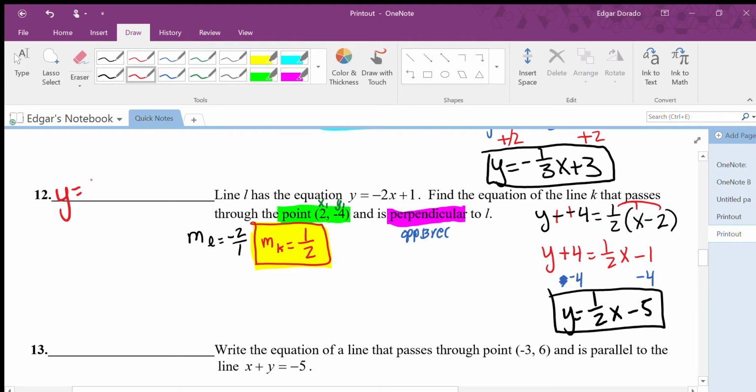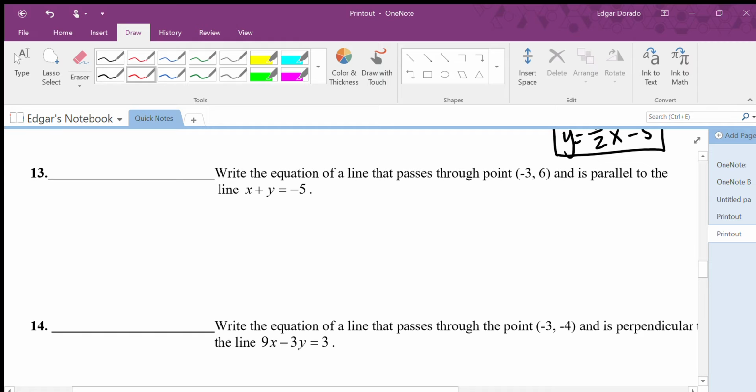Y equals 1/2 x minus 5. Again, guys, if it helps, rewrite the original equation: y minus y1 equals m, parentheses, x minus x1. And I realize I just kind of did the problem for you, so I'll get you guys started off on the next one, and then you guys will do it on your own.